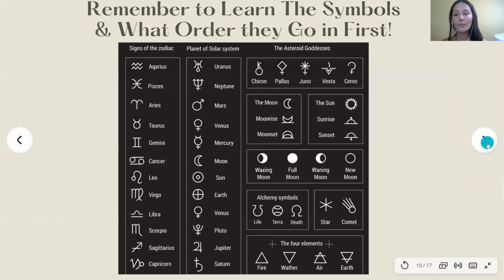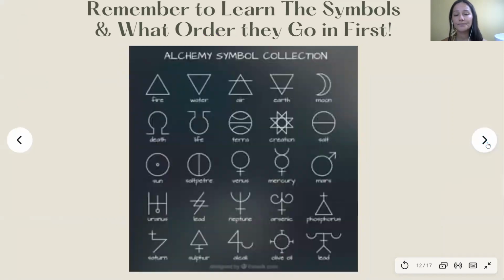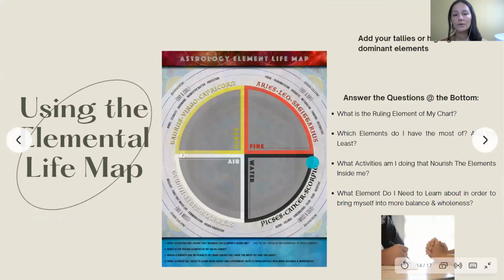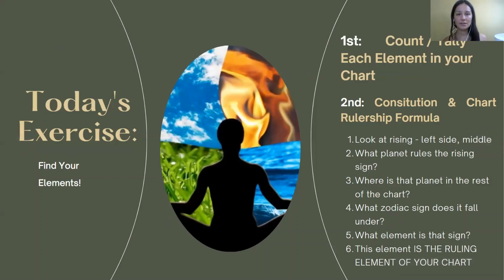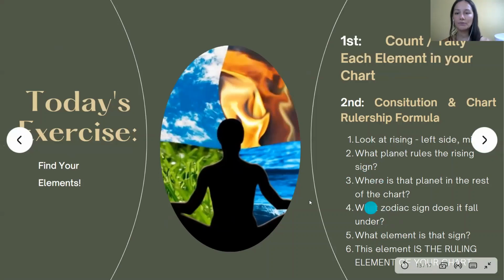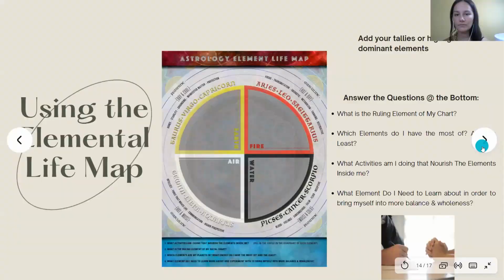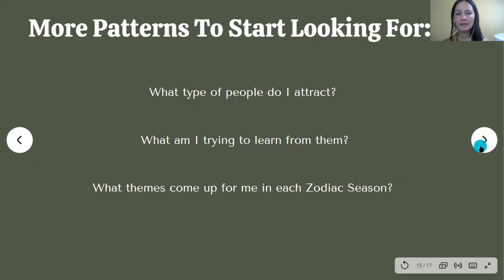But now we're going to find out what element rules their entire chart, which is really fun. And this helps you find the constitution of your body. So what you do first is you look at the rising sign, which is on the left side of the chart. I wish I had a chart that was closer than that other one.